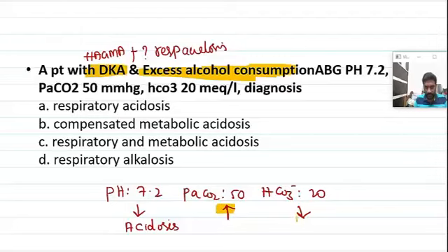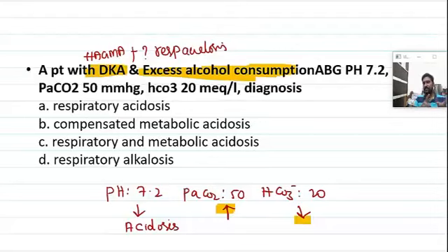PaCO2 is increasing, bicarbonate is decreasing. Always in a simple acid-base disorder, primary change and compensation will be moving together. If primary change and compensation are not moving together, either it has to be a mixed acid-base disorder or the ABG may not be valid. To call it a valid ABG, you know how to calculate it. Even if you calculate this, this becomes a valid ABG.